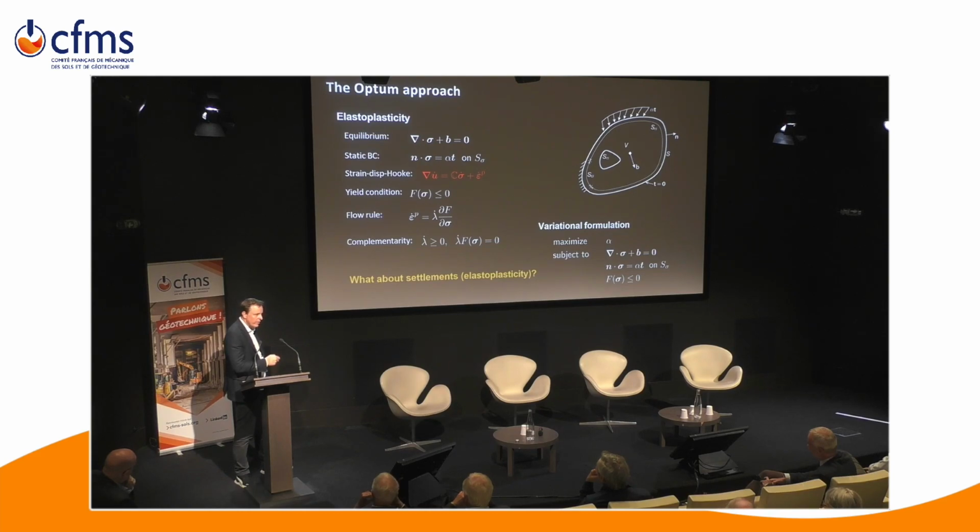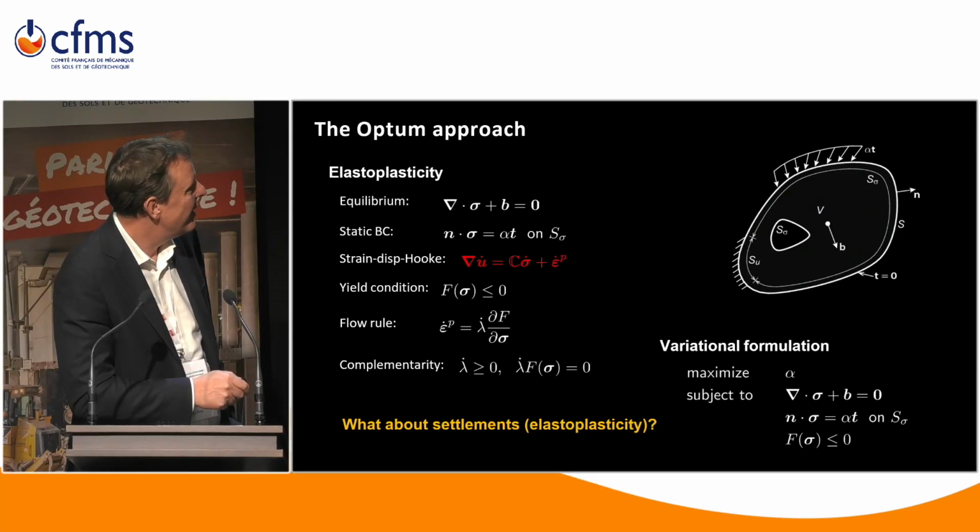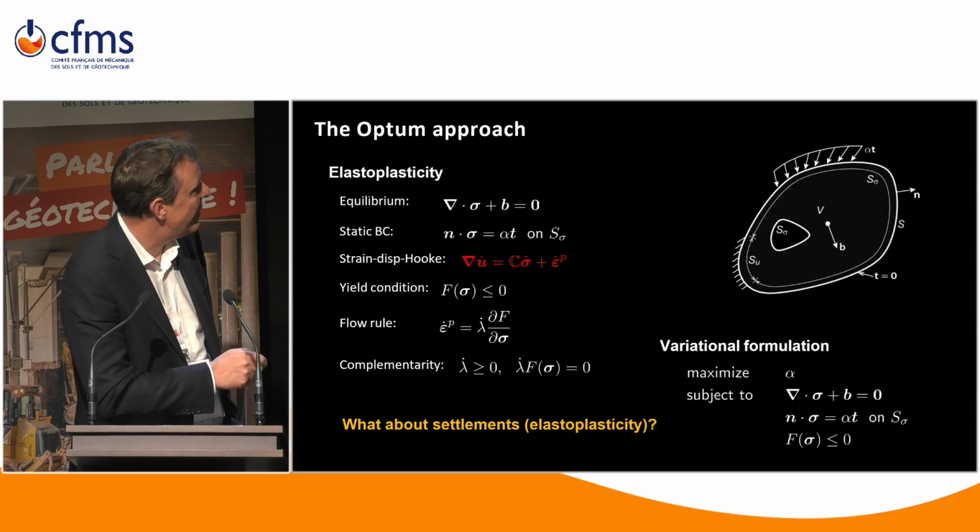The way we do elastoplasticity, we can actually do proper non-associated elastoplasticity in an optimization framework. The way it works is that if you have F up here in the yield condition, you have to have F up down here as well. And usually the F here is the yield condition.